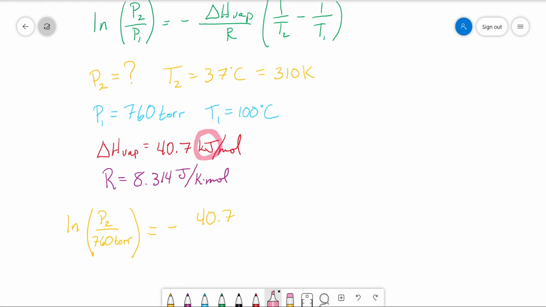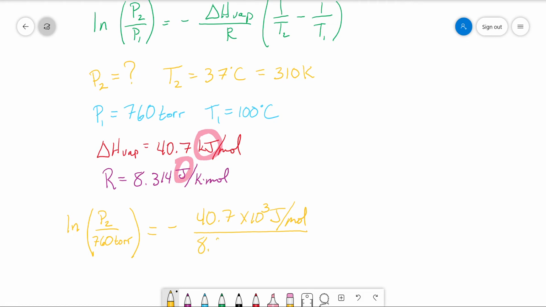Notice that this is kilojoules and this is joules. Okay, they have to be in the same unit. It doesn't matter which one you pick, they just have to be the same. I'm just going to do times 10 to the third joules per mole. That makes the units work out just fine.